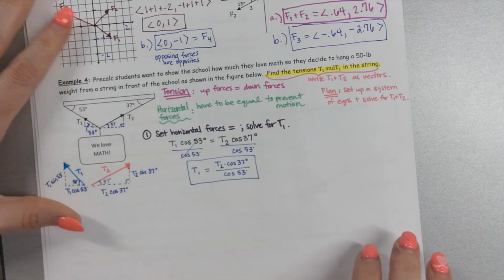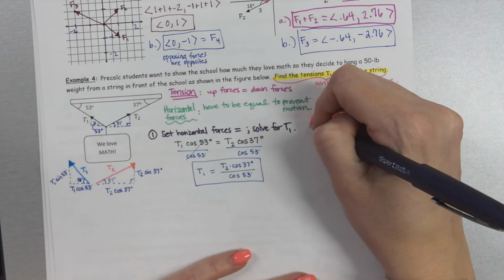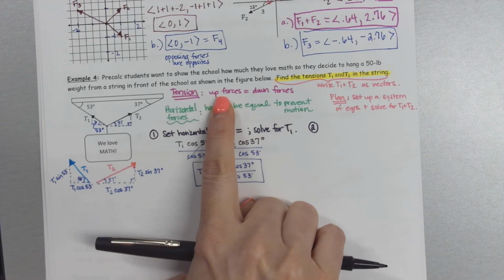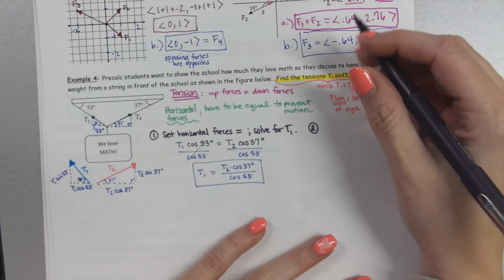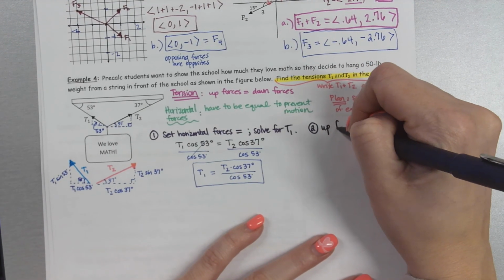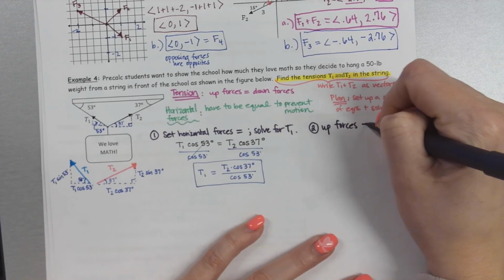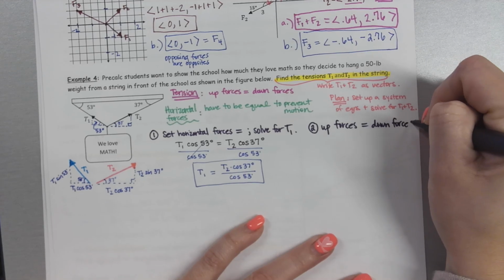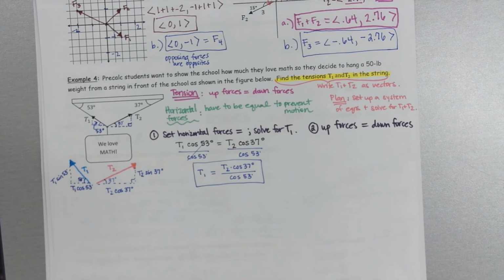Okay, now our next step is to set up another equation using our other rule. So we said the up forces equal the down forces. Okay, do we know what either one of those are?